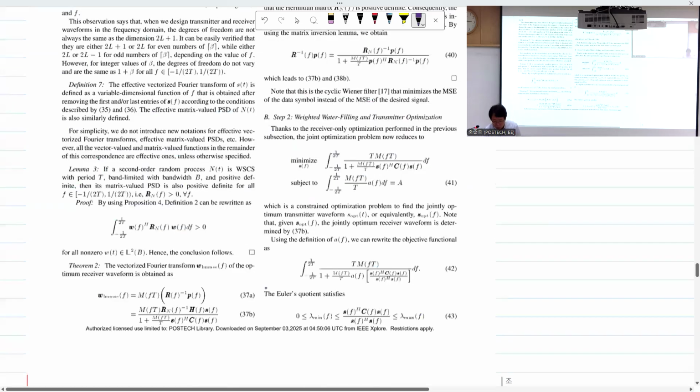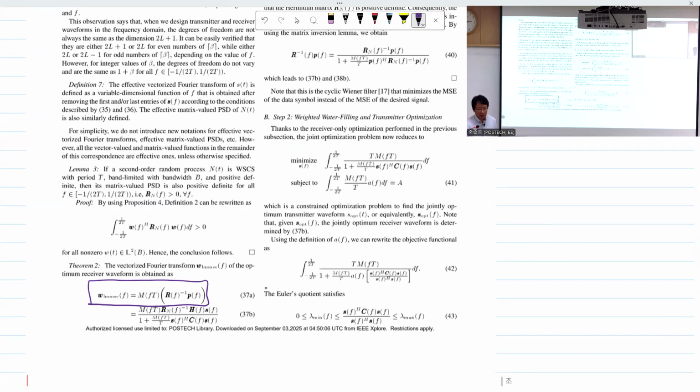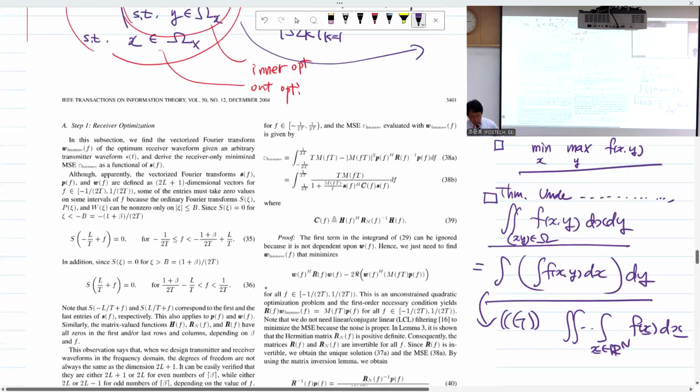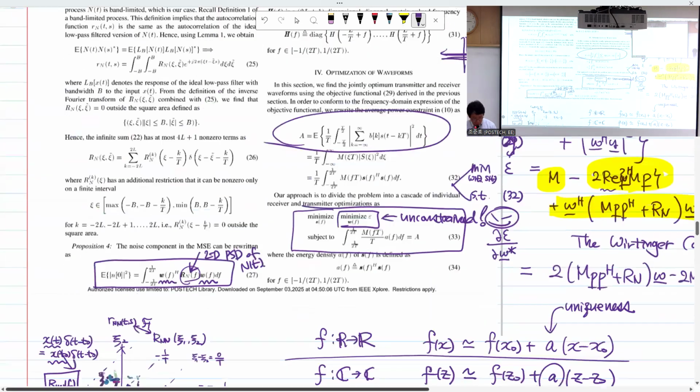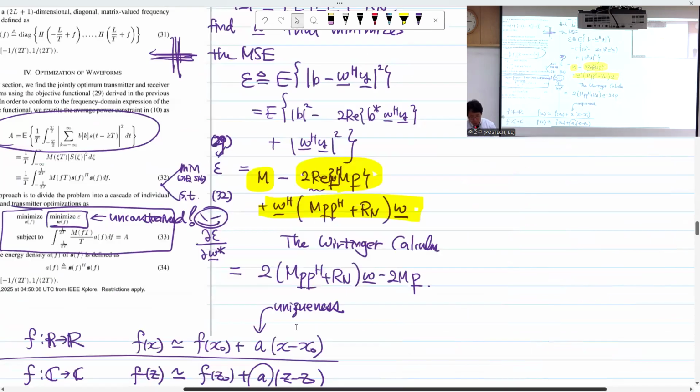Okay, so we have, as I told you, just the received signal's correlation matrix inverse times this M of f times P of f. So we have this. By the way, from here to that one, this is also a very well-known conversion. So even if I didn't say much, that is also related to this problem.